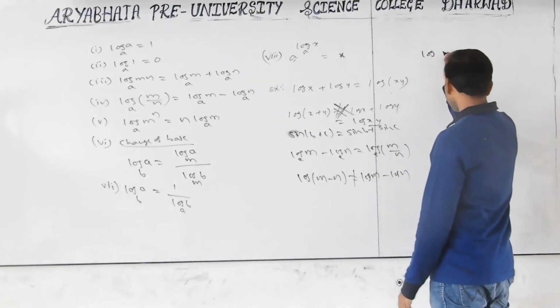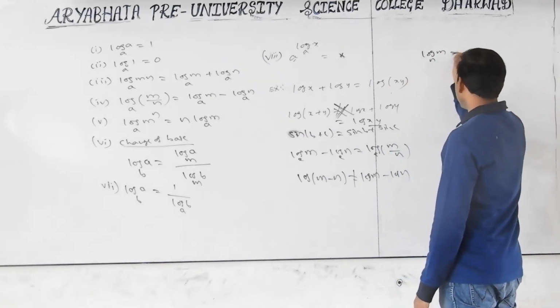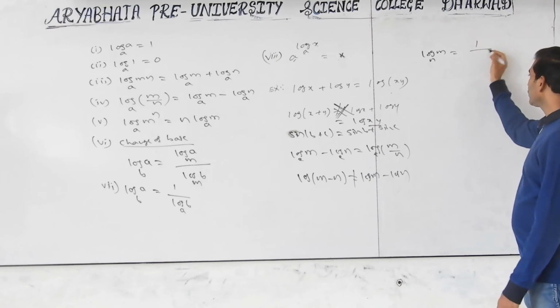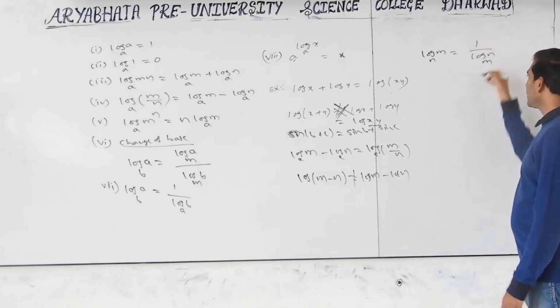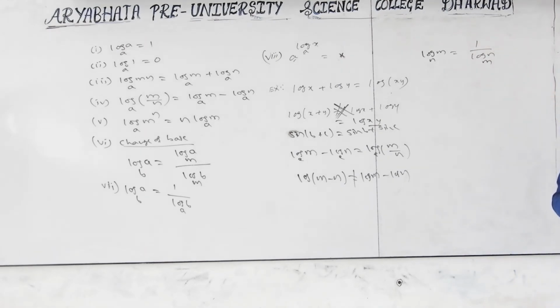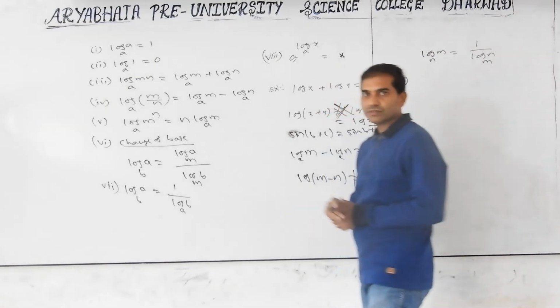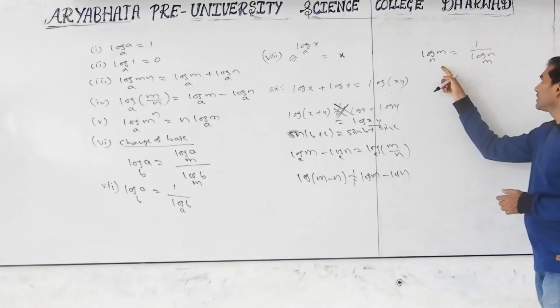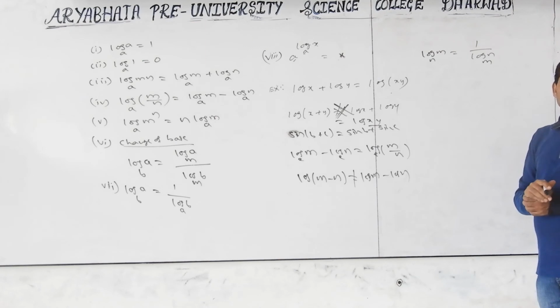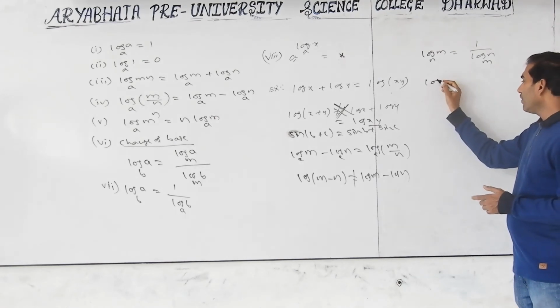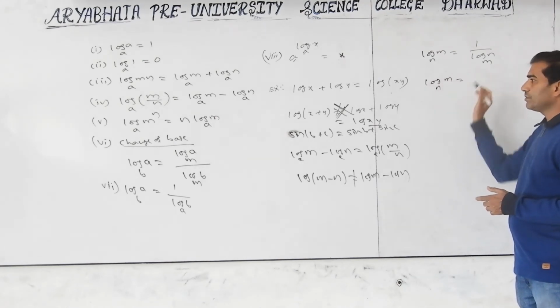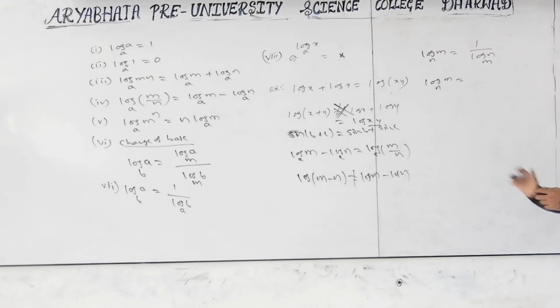Log of m base n equals, can I write like this, 1 by log of n base m? Right, by using this property. Log of m base n equals log of m base n by log of n base n.